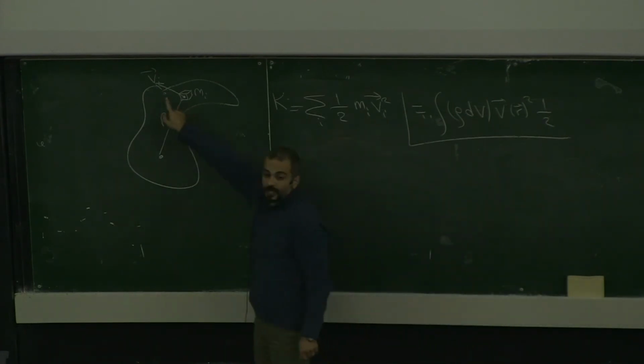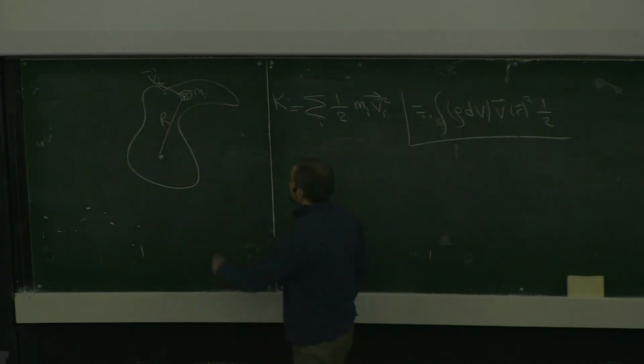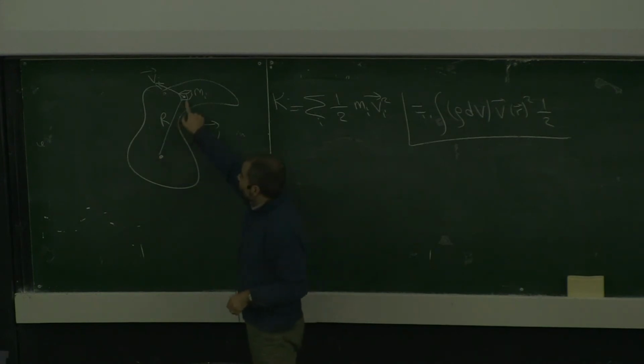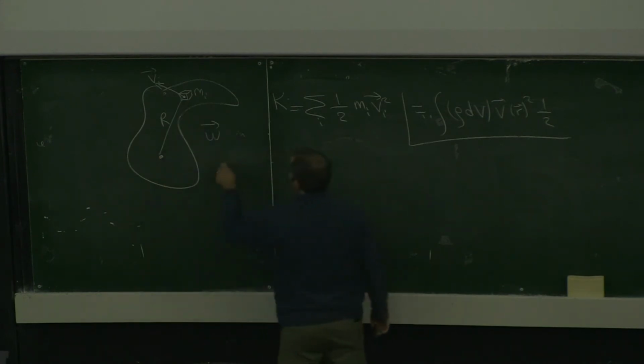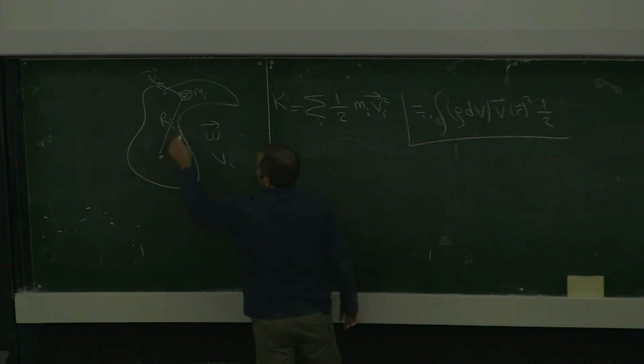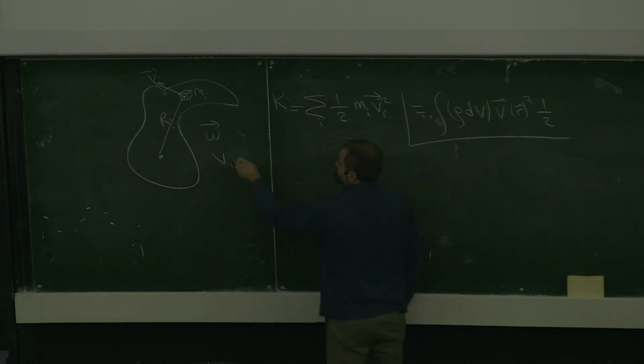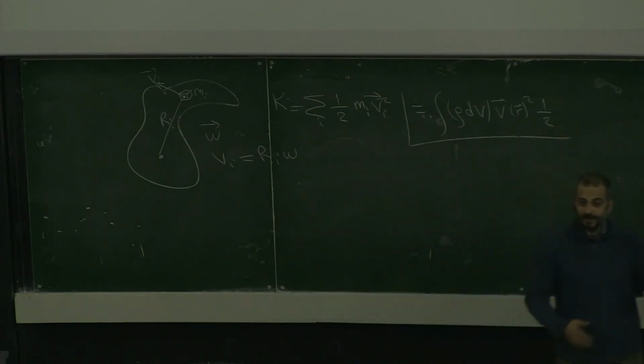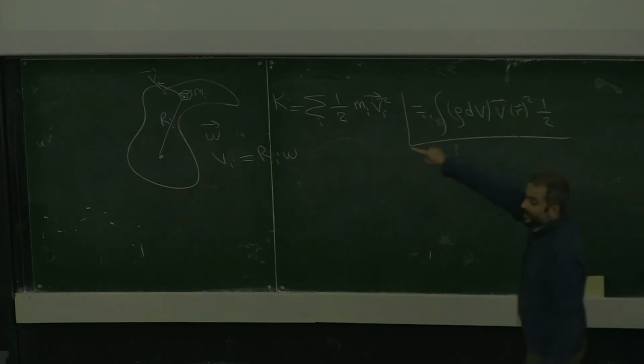Now, if my object is rotating with angular velocity omega, and ri denotes the perpendicular distance of the mass mi from the axis of rotation, its speed will be just ri times omega. Omega is the angular velocity of my rigid object as a whole. It's not the angular velocity of that point.